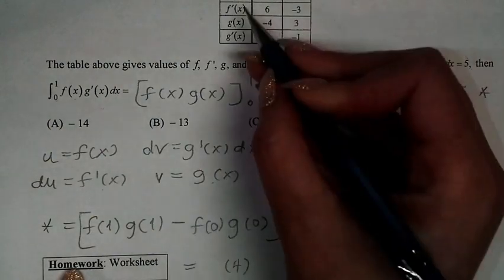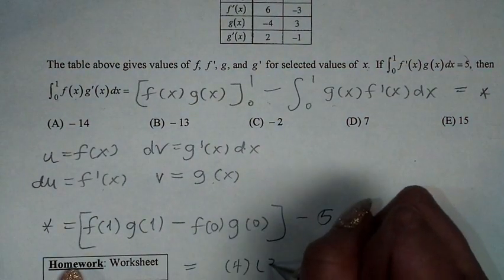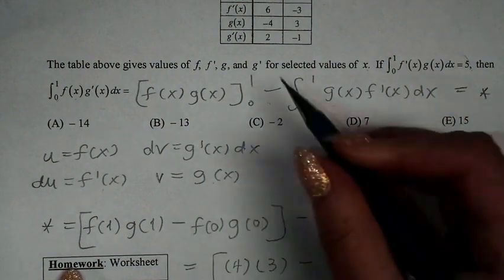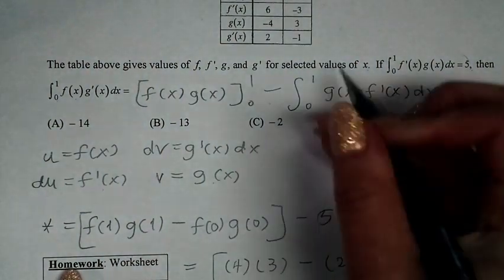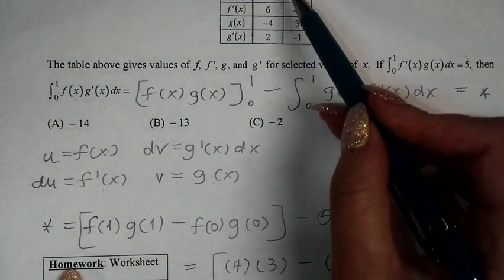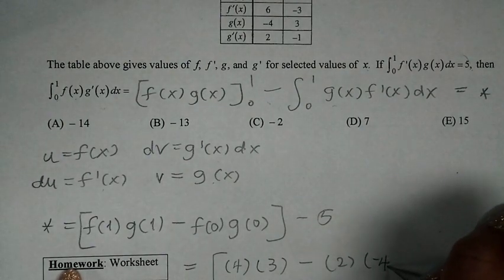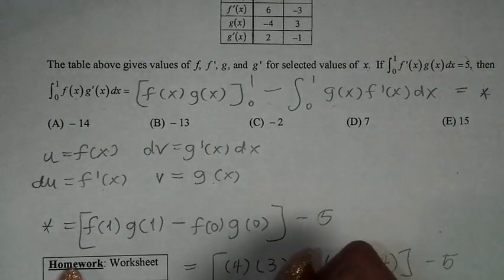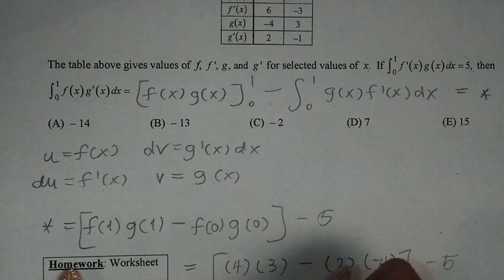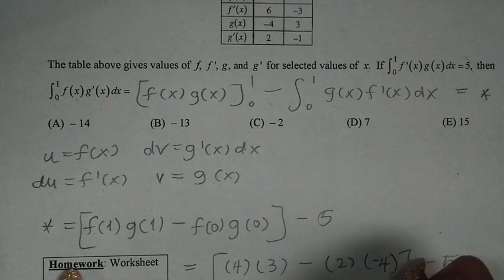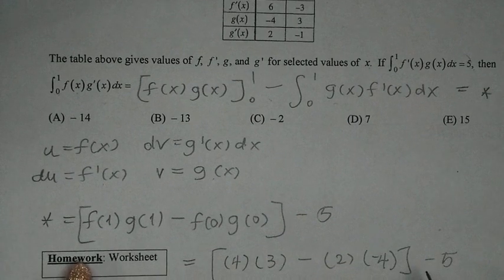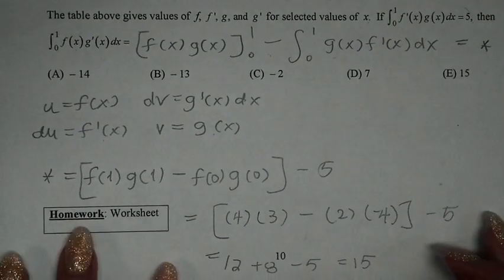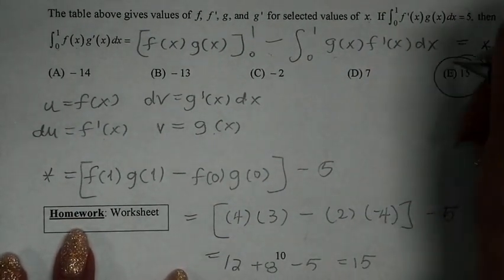Then you have that g of 1 is 3, minus f of 0, which is 2, and g of 0, which is negative 4, okay? And then minus 5, so this is going to be 12 plus 8 minus 5, that's 15. And guess what? That value is part number E.